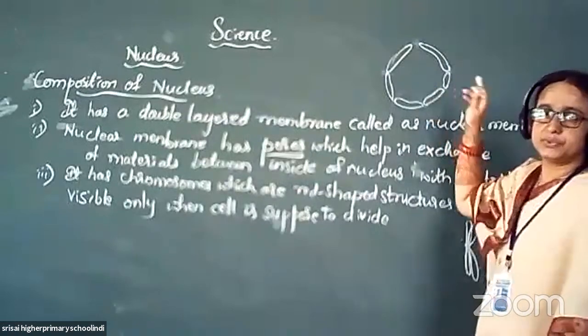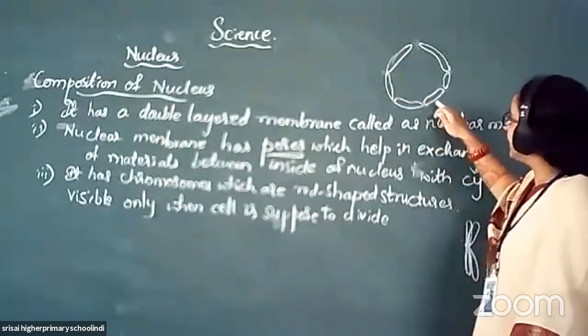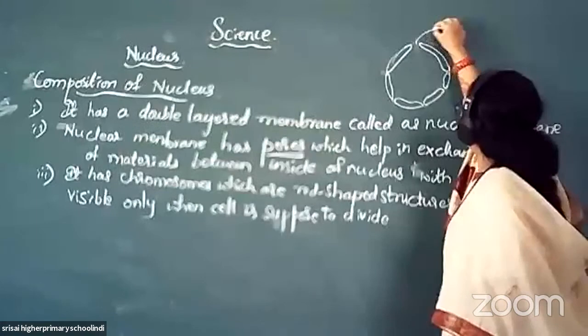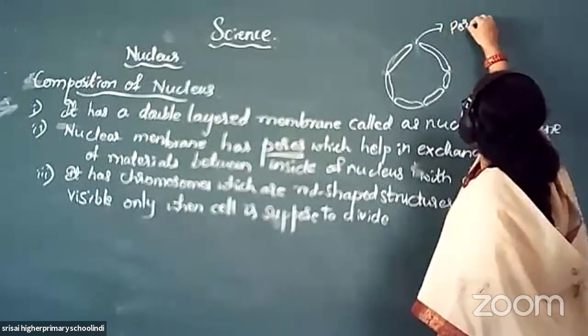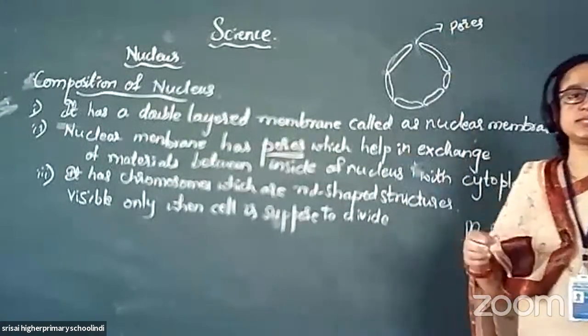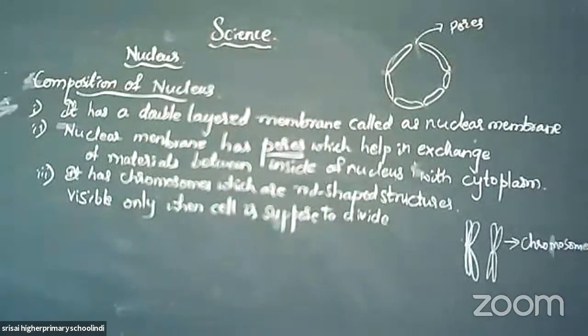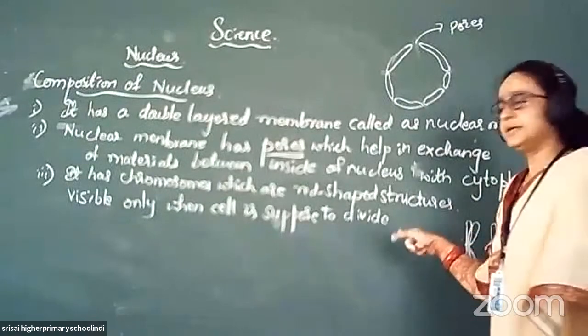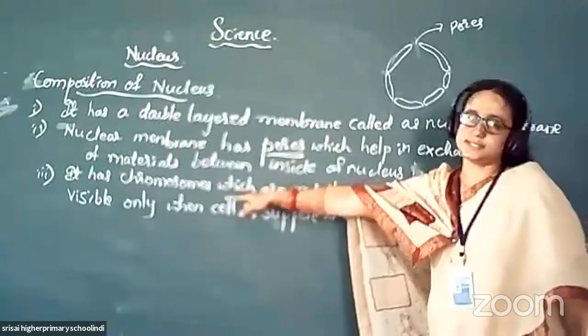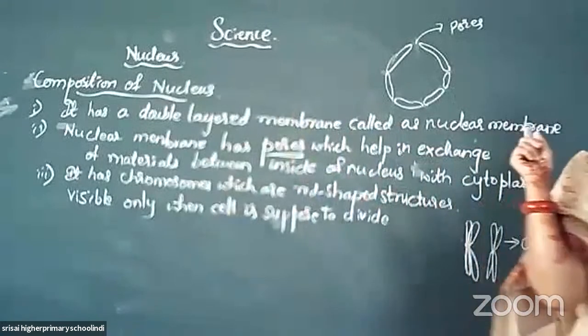So this is a nucleus. This is the nuclear membrane, and these are the pores. What is the use of these pores? To exchange materials between the cytoplasm and the nucleus. Very good. The next thing present in the nucleus is chromosomes.